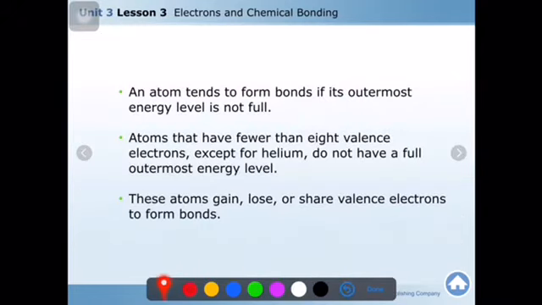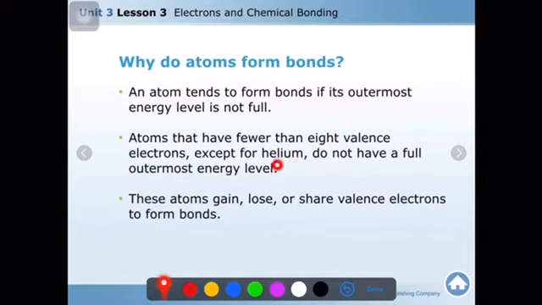How about the next one? Here. Why do atoms form bonds? An atom tends to form bonds if its outermost energy level is not full. Atoms that have fewer than 8 valence electrons, except for helium, because helium has 2 electrons, and in the first energy level there should be 2 electrons, and it is fulfilled for helium.